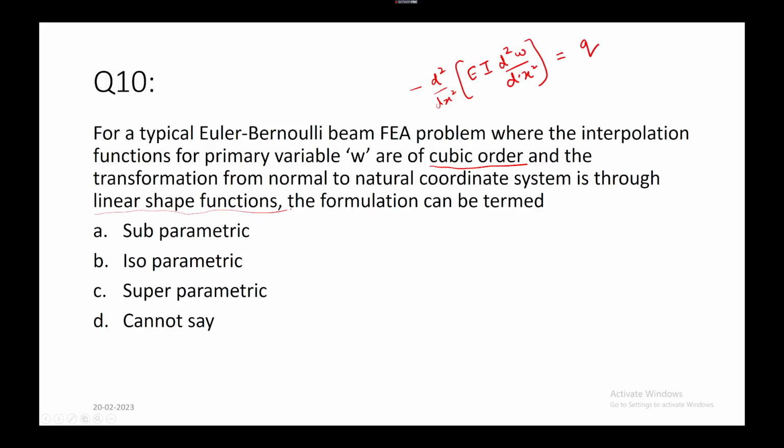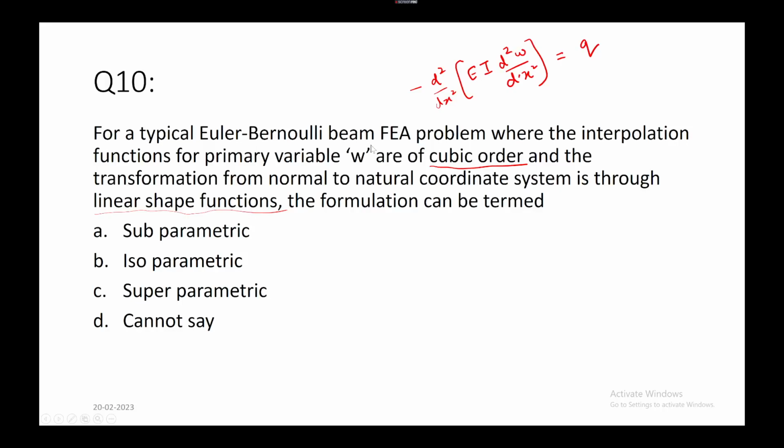What kind of a formulation is this? There are four options. Option A is subparametric, option B is isoparametric, option C is superparametric, option D is cannot say. Any guess as to what could be the answer?